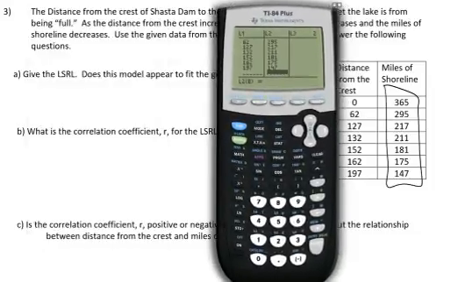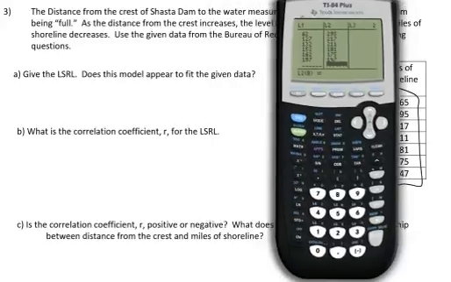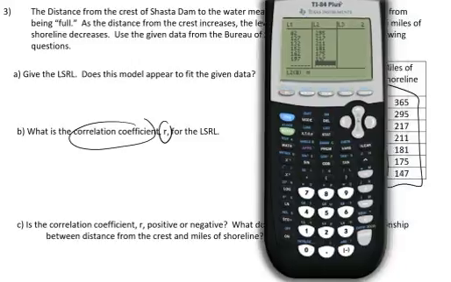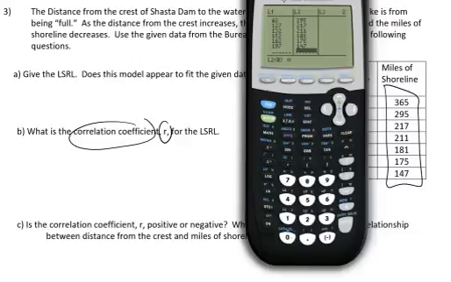line. One of the things that it's also asking for is first to find the correlation coefficient, this value R. And in order to find that, remember, diagnostics needs to be turned on. By default, diagnostics is not on your calculator. So if I want to activate diagnostics, I need to go to the catalog. That's on the same button as 0.